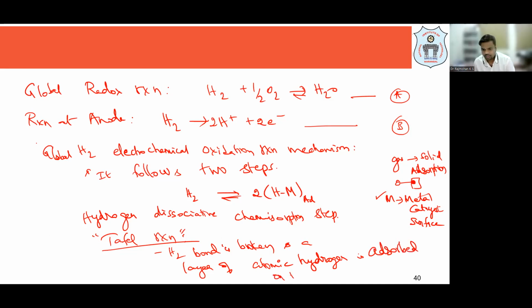Okay, and this is step 1. Step 1 is dissociation of the hydrogen molecule into atomic hydrogen and getting chemisorbed onto the metal catalyst surface. That is step 1, which is also called the Tafel reaction.